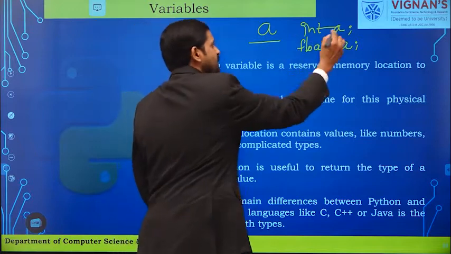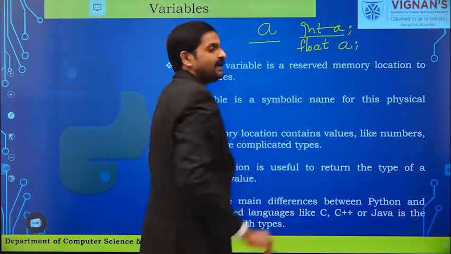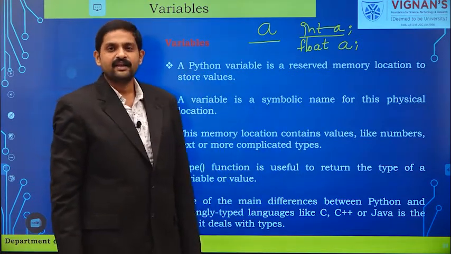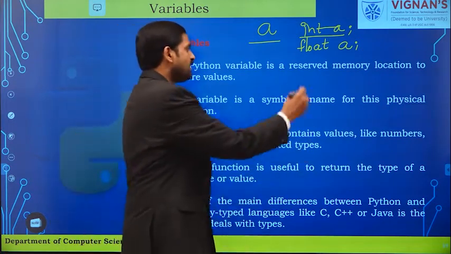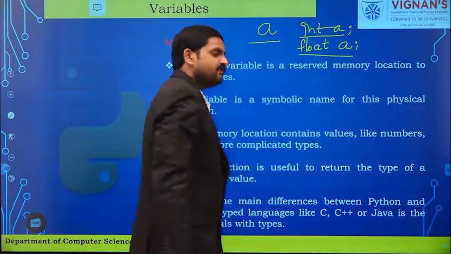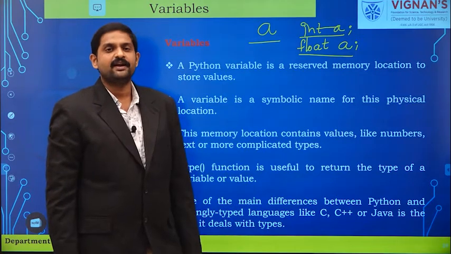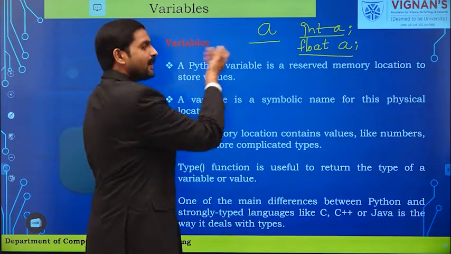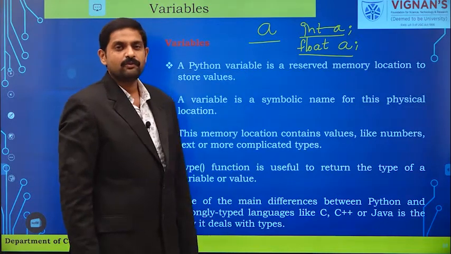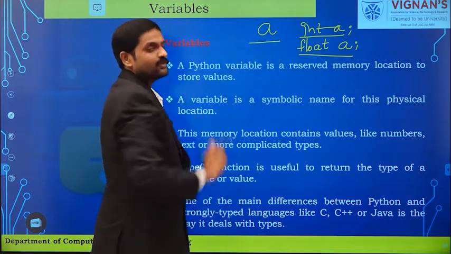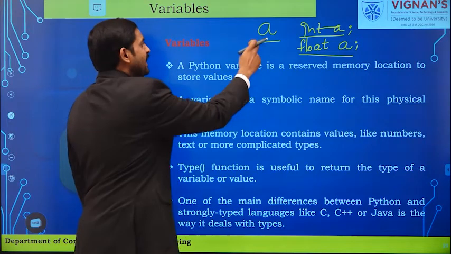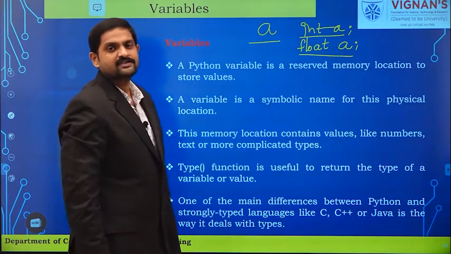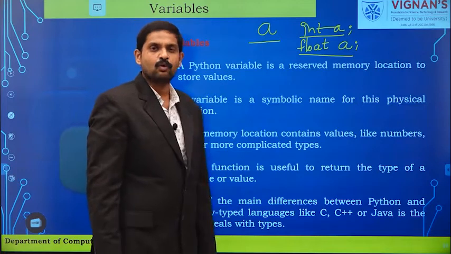By the first statement, variable a is declared as an integer. The second statement declares variable a as a decimal. But in Python, there is no need to mention those types, int and float. By writing the variable itself, the declaration part is over.